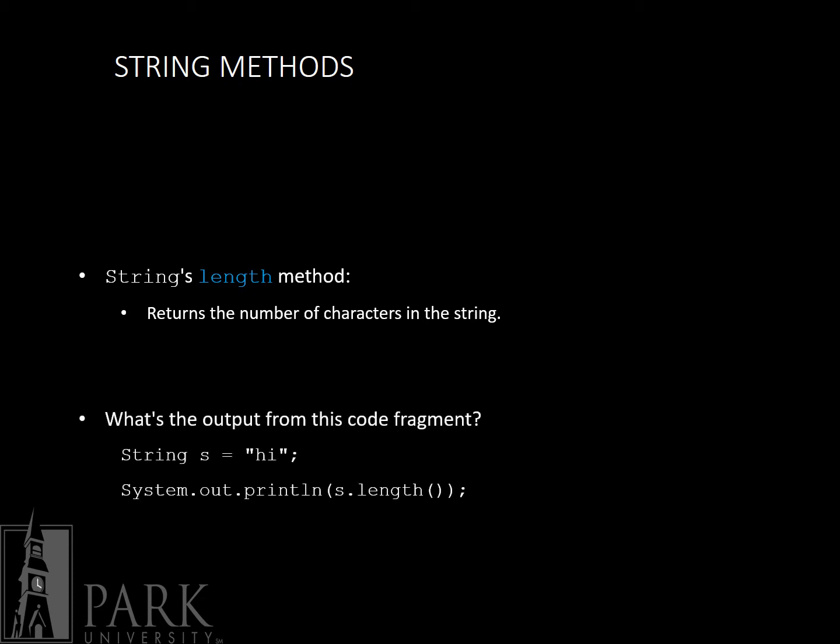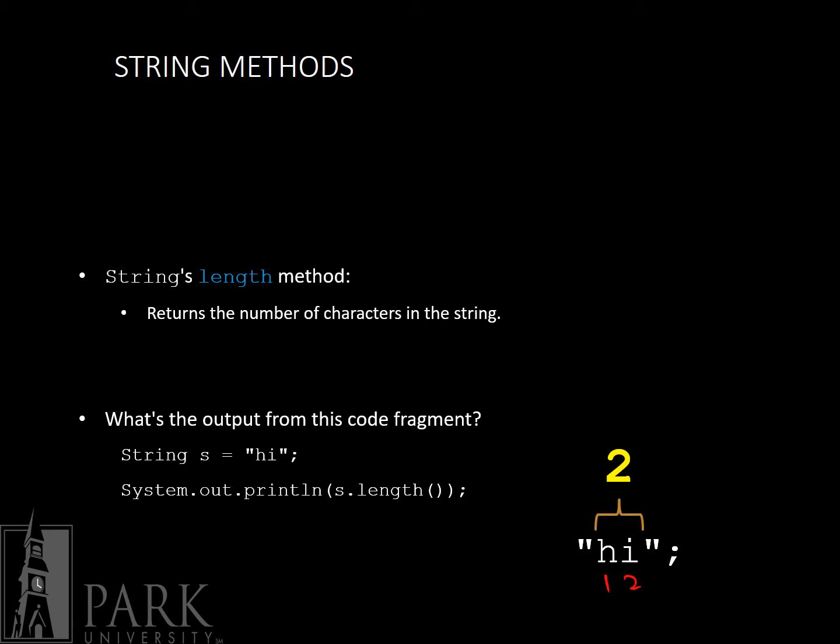Another method that you'll use often is the length method, and it returns the number of characters in a string. So take a look at the following code fragment. What is the output? Hopefully you got 2. And this is where it can be confusing, because when counting, you're counting the absolute number of items, so you don't start with 0. So for example, hi, there's 1, 2 characters.